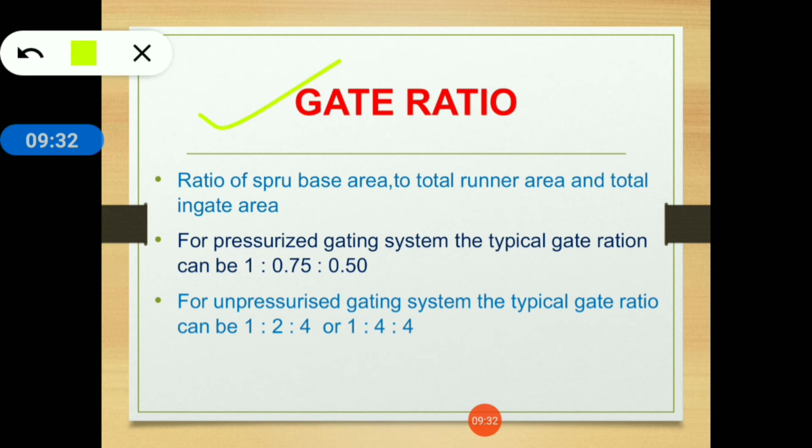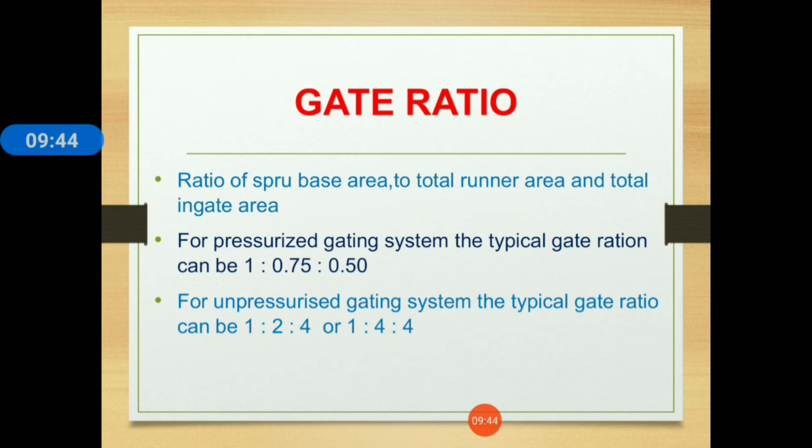Now, in the gating system, one most important thing is also known as the gate ratio. So, what is the gate ratio? Gate ratio is the ratio of sprue base area to the total runner area and total ingate area. According to this gate ratio, your gating system can be divided into two systems: pressurized gating system and unpressurized gating system.